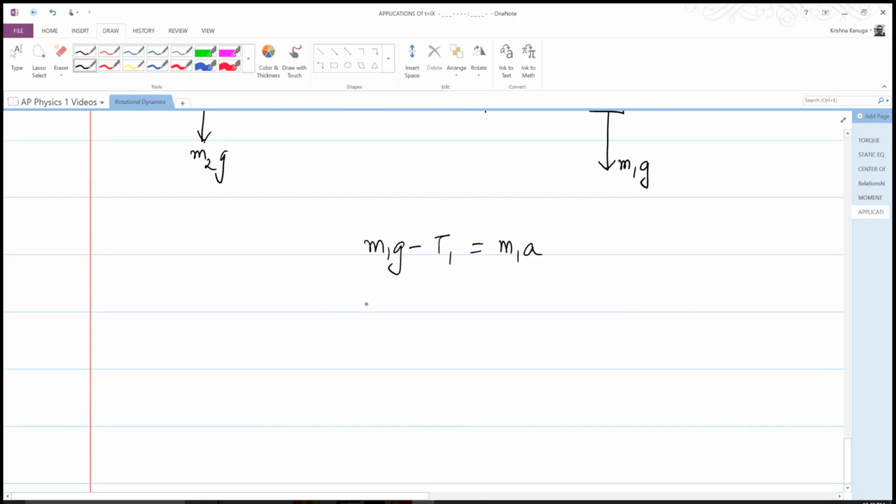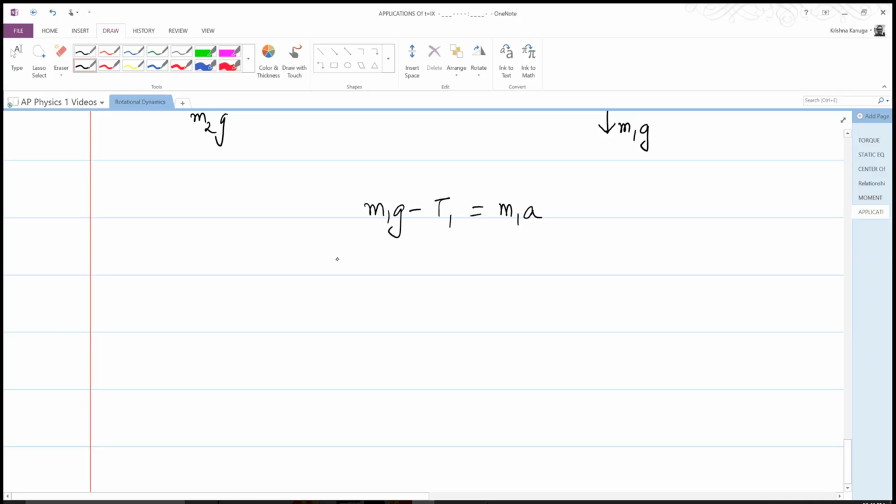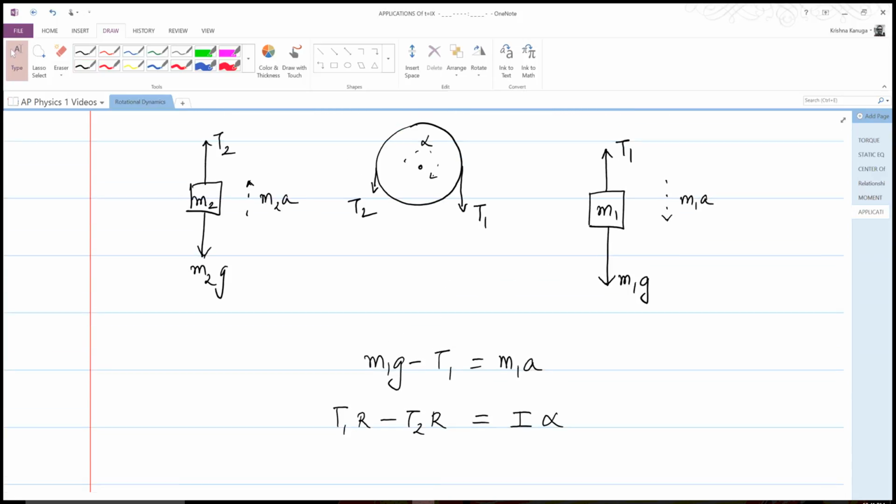For the pulley, the torques due to the two tensions will be T1 R minus T2 R, so T1 times R minus T2 times R is equal to I times alpha. The reason we are subtracting them is that T1 is going to try to rotate it clockwise, while T2 will try to rotate it counterclockwise.